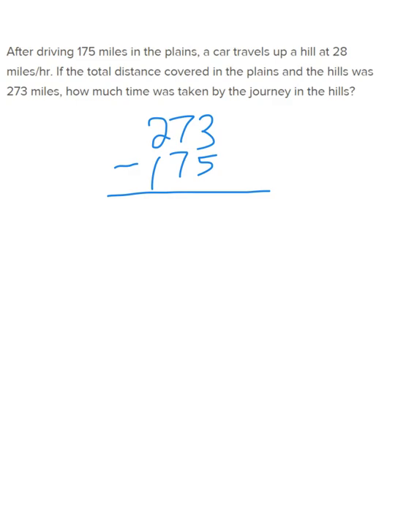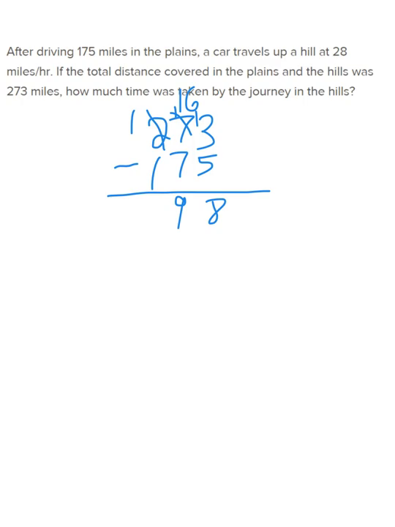So I have to be careful when I subtract here. I have to do some borrowing. I think I'm doing this right. 98. Okay, so 175 miles were driven in the plains and 98 miles were driven in the hills.